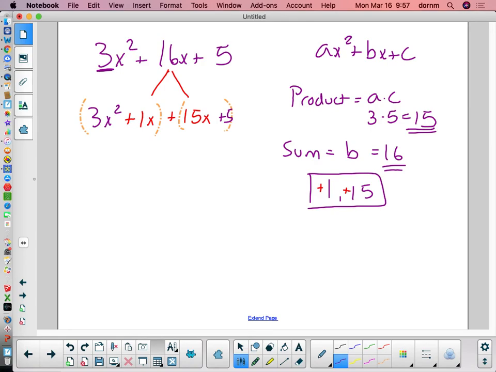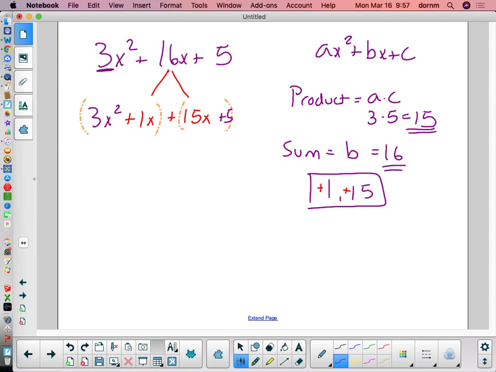We group them. First two go together, last two go together. The sign in the middle does not get grouped with anything. If it happens to be a minus sign, I have to change the sign in this grouping. We'll see an example like that in a little bit.